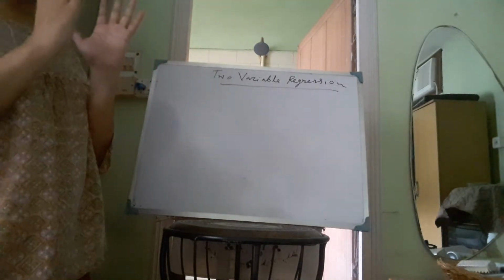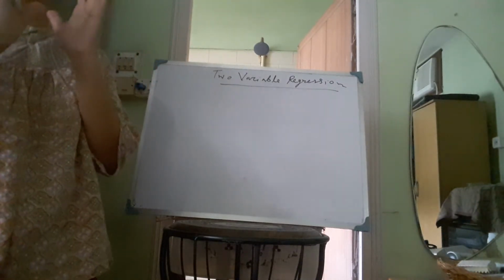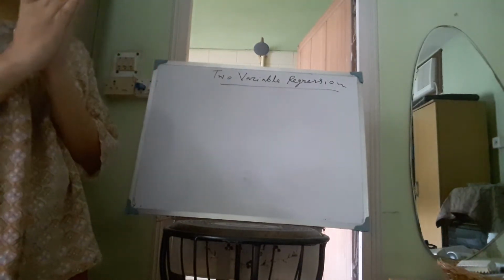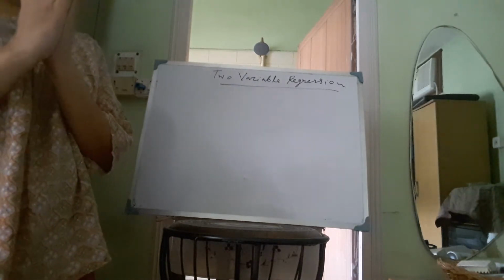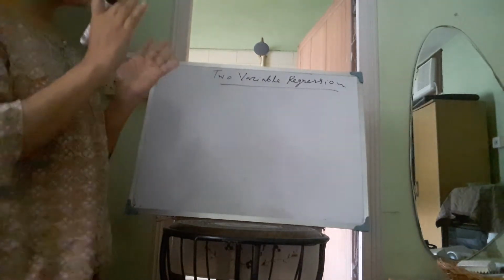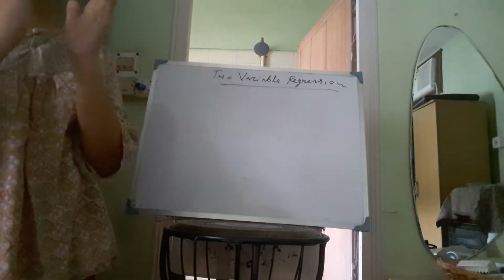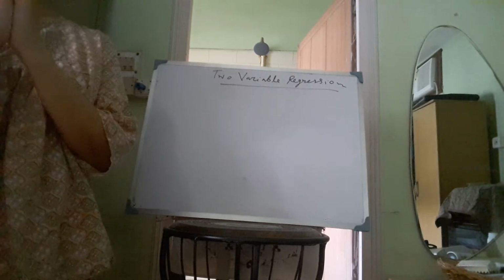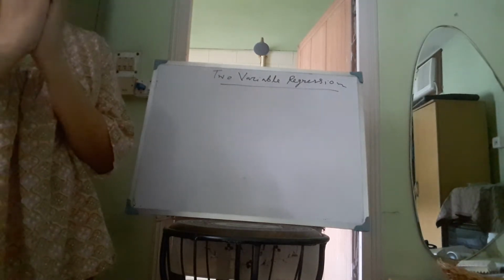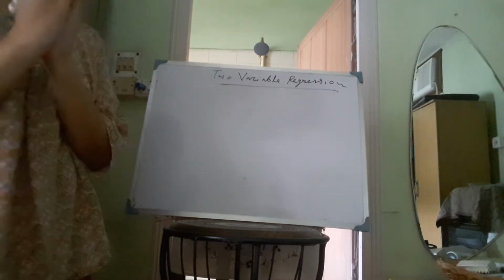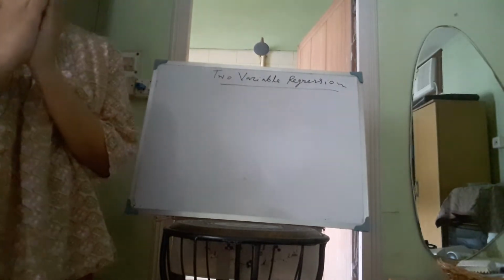So if you have an economic theory in your mind and you want to predict something, you want to generate a hypothesis, and with the help of that hypothesis you want to test something. You want to see whether that economic theory is applicable in real life also. So for that you need to use econometrics.